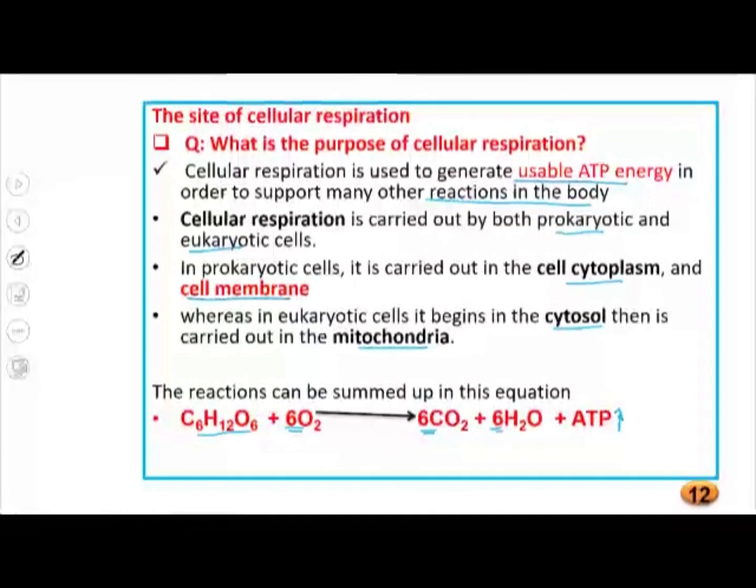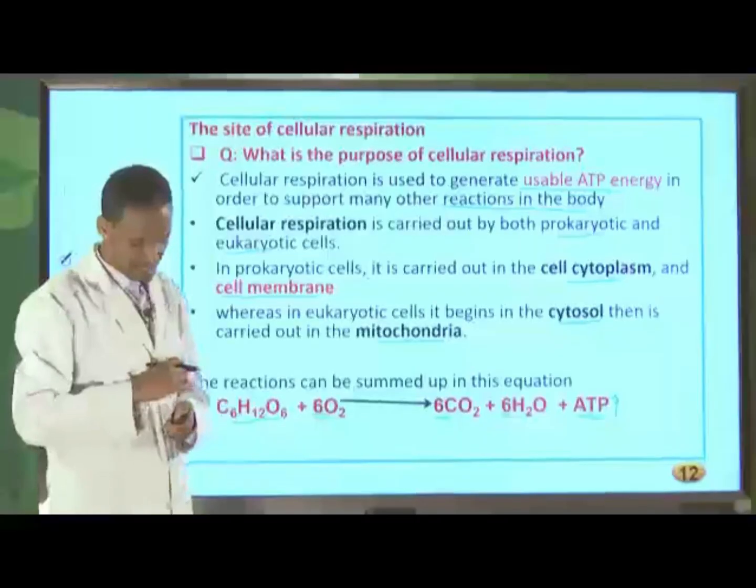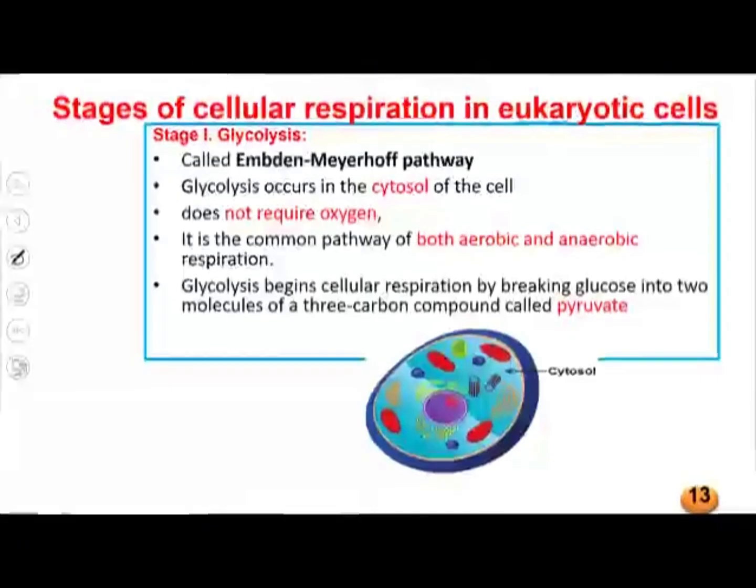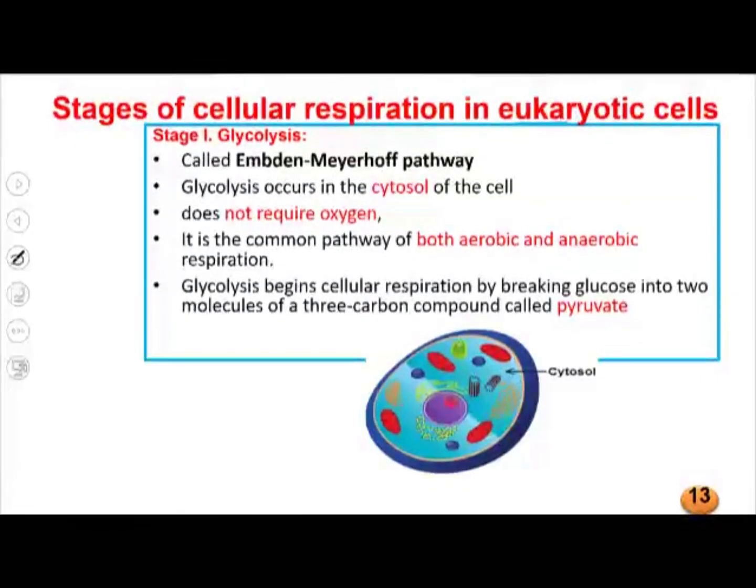The main target of cellular respiration is to produce this ATP, but ATP production in cellular respiration has different steps, and it takes place at different sites. The first stage of cellular respiration is glycolysis.